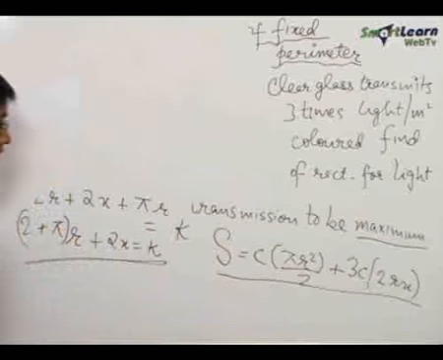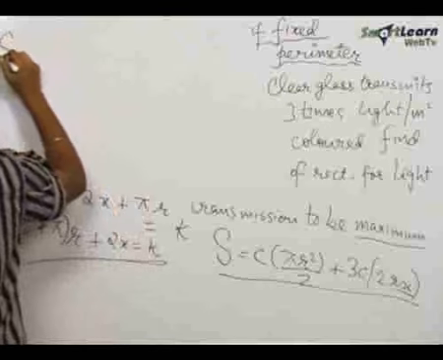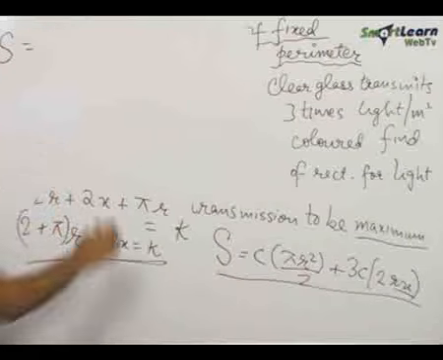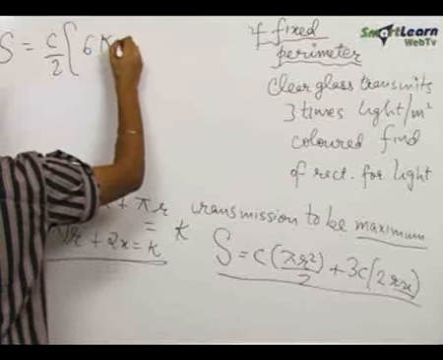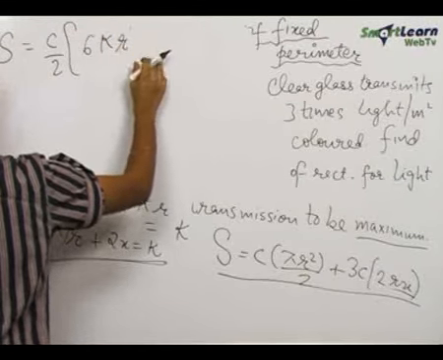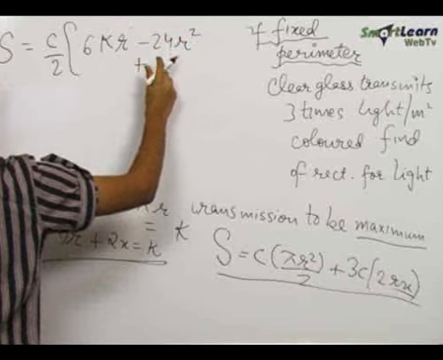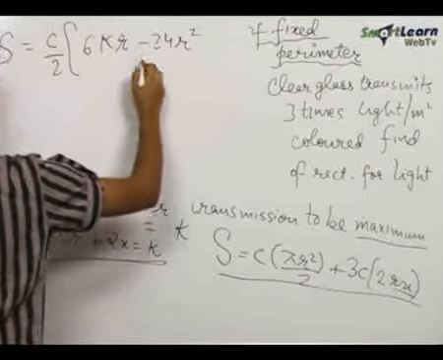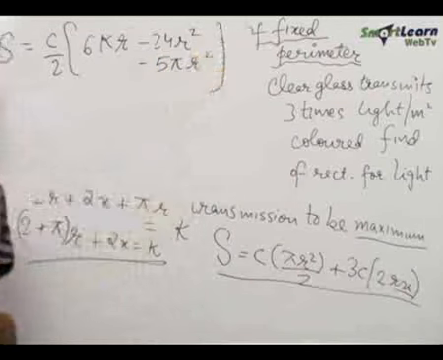What we'll do is we'll put x in terms of r to get total light as C by 2 times 6kr minus 24r square minus 5 pi r square.